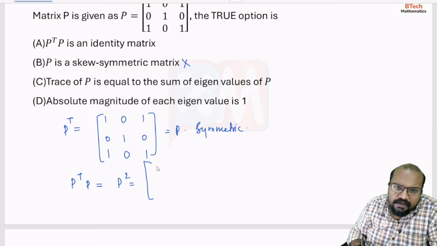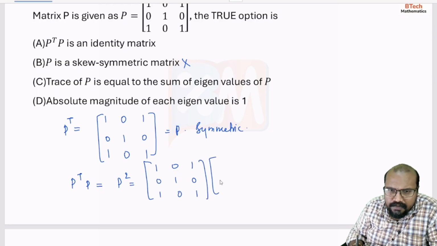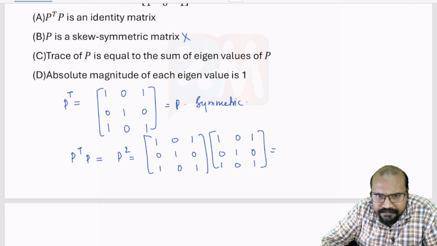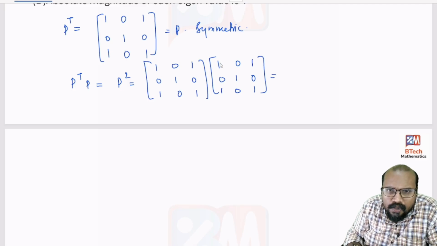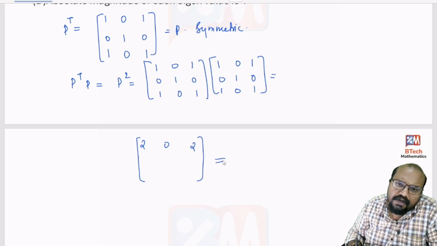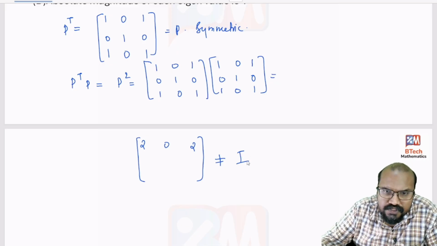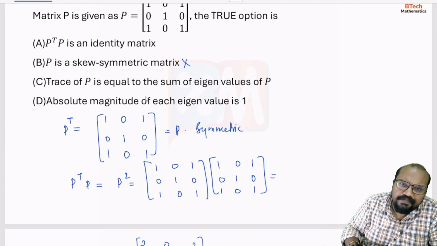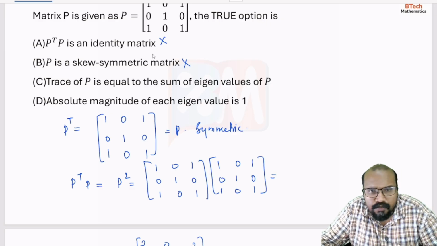We'll check that. [1 0 1; 0 1 0; 1 0 1] into [1 0 1; 0 1 0; 1 0 1], and it will be 2, 0, 2, and so on. It's a matrix starting like this, therefore it is not equal to the identity matrix. Therefore the first option is not true. It's again a wrong answer option.